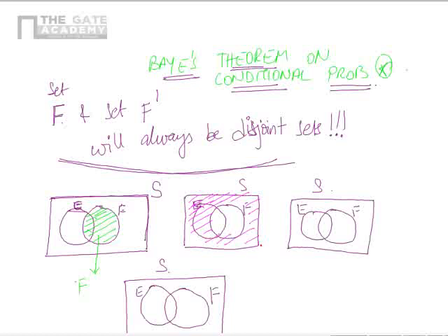This is nothing but set F complement. Remember that there is a set called E here. Let me pick blue, it will be contrasting. There is a set E here.